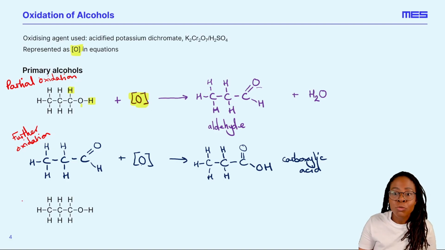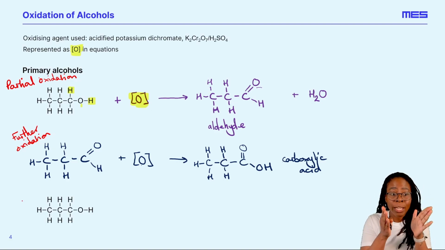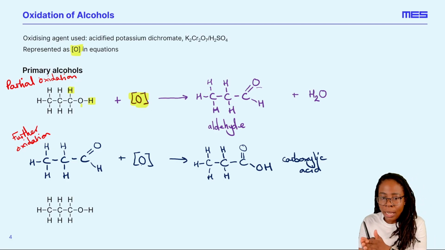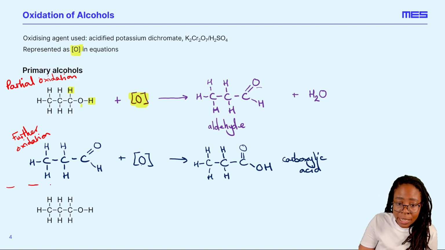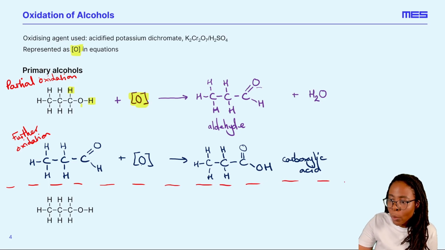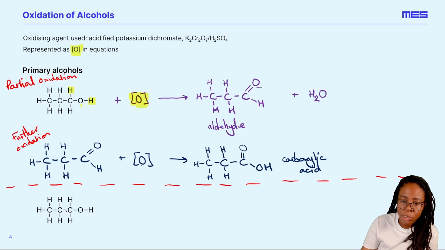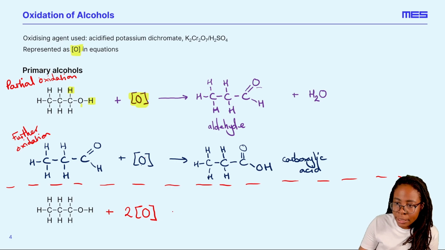Now, if we wanted to write this all together, because we can go alcohol to aldehyde, aldehyde to carboxylic acid, or we can write this as one overall equation. Let's make the space, where if we were to smush these two equations together, we can have our alcohol, and we can add 2 lots of our oxidizing agent. That will give us our final complete oxidation product, which is our carboxylic acid.